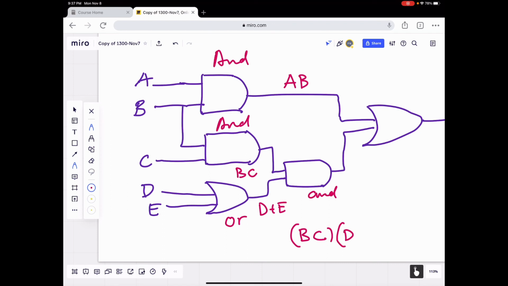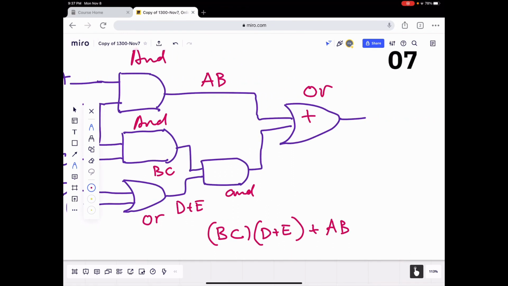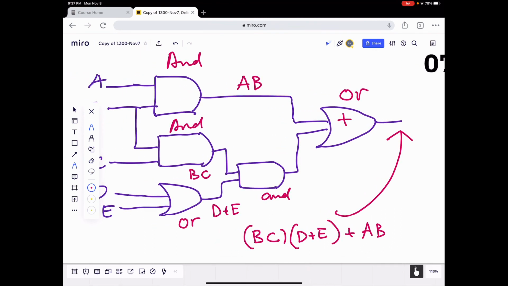And then this is an OR gate, so you add it together with AB. So that is your answer. This is the expression that represents this logic gate.